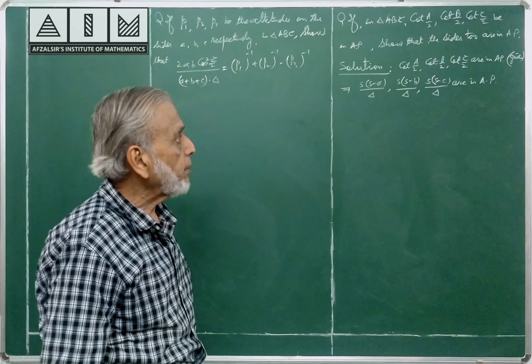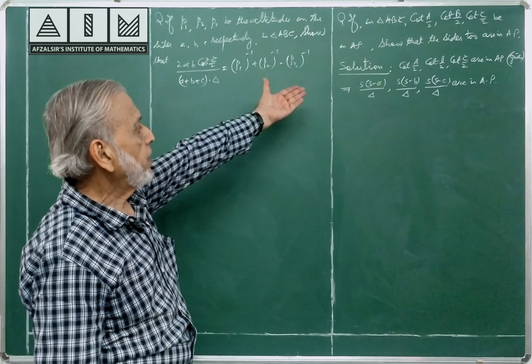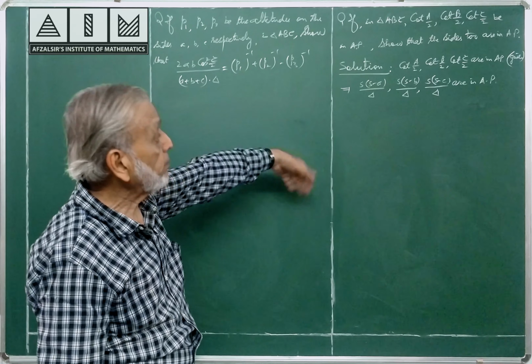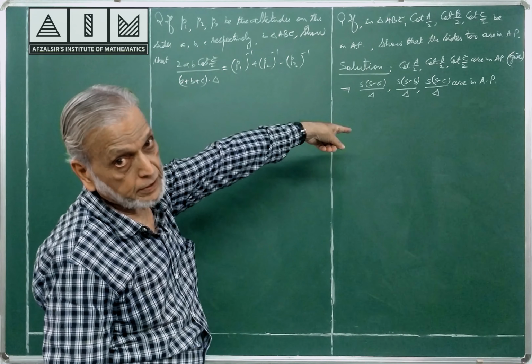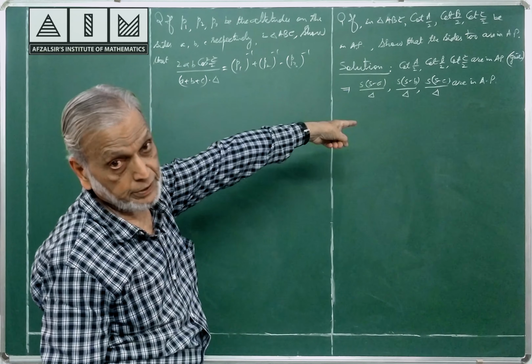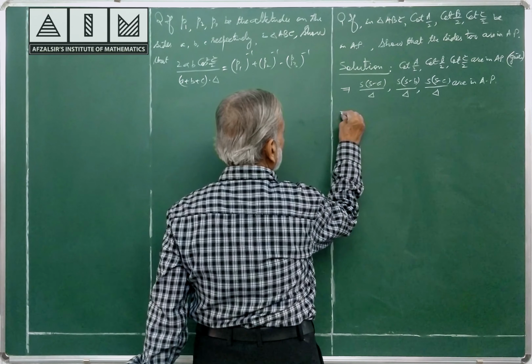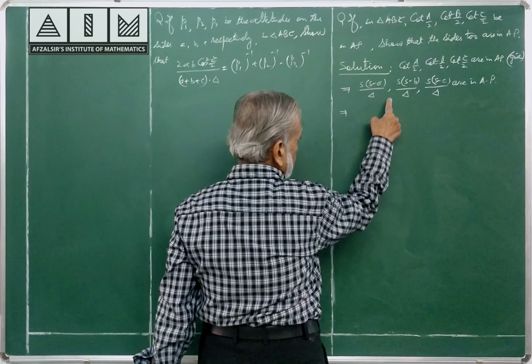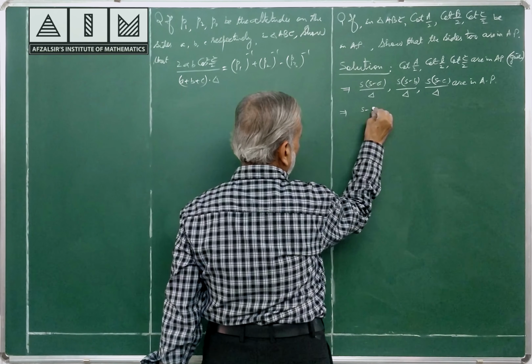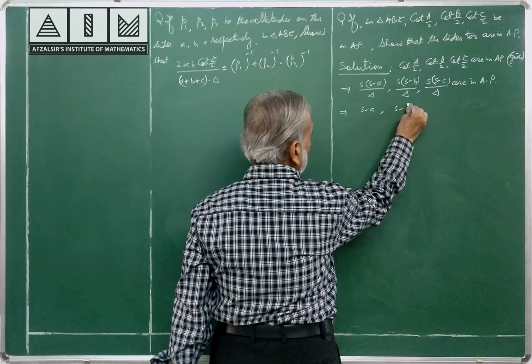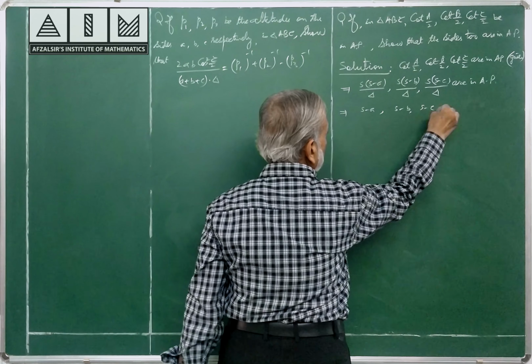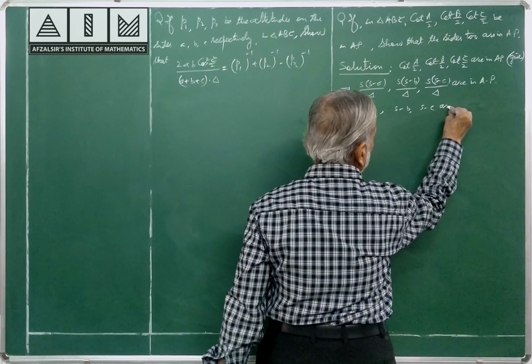Cot A by 2, cot B by 2, cot C by 2 are in AP. S into S minus A by delta for cot A by 2, S into S minus B by delta for cot B by 2, S into S minus C by delta for cot C by 2 are in AP. Remove the common factor S by delta from all. S minus A, S minus B, S minus C are in AP.